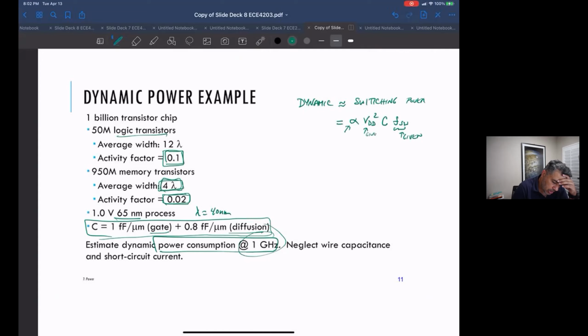Now the biggest part of this is the C. For each circuit, you have an average size. So 4 lambda is 4 times 40 nanometers, and this has a certain capacitance associated with it. From there, we can get the capacitance of a memory transistor, and then multiply it by the number of memory transistors to get the capacitance of memory.